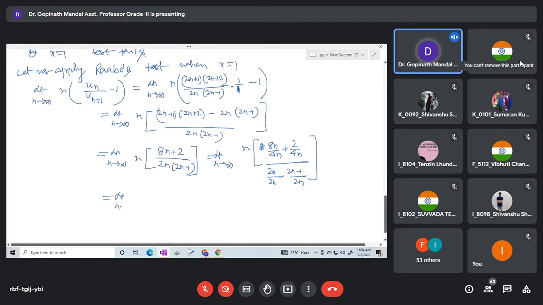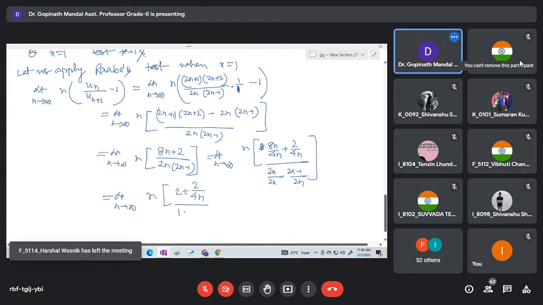So limit n tending to infinity, n into 2 plus 2 by 4n, and here 1 into 1 minus 1 by 2n.